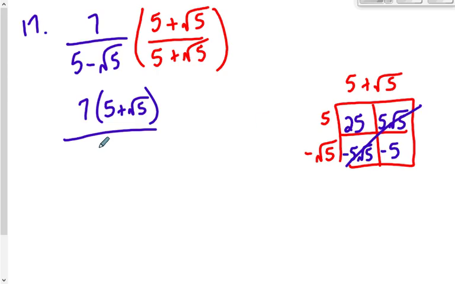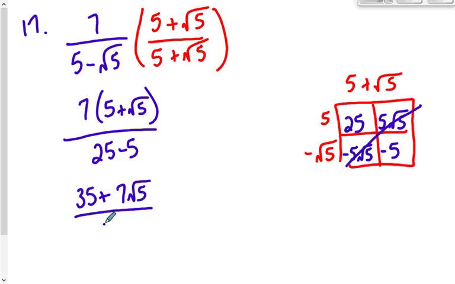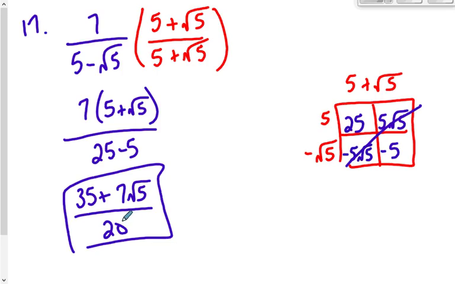They cancel out and give me 25 minus 5. Distribute the top. What's 7 times 5? 35. Plus 7 square roots of 5, and then 25 minus 5 is 20, which is A. And there we go.